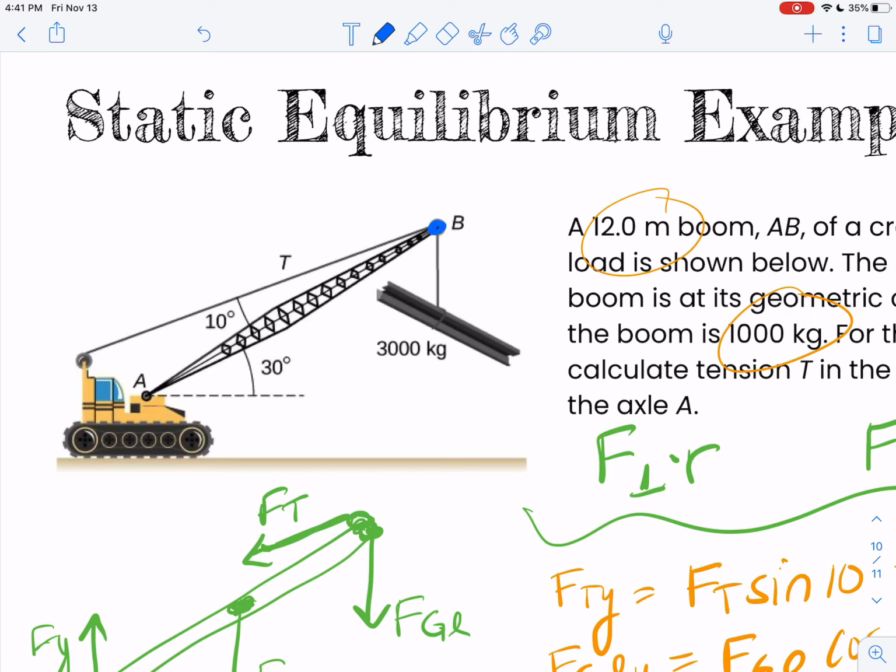Okay, so here is the FT. Before, I had this component, the perpendicular, which was fine because that was definitely sine 10. But now I want a downward component and a sideward component. So that whole thing is 10. Oh, I probably have to go off of the 30.